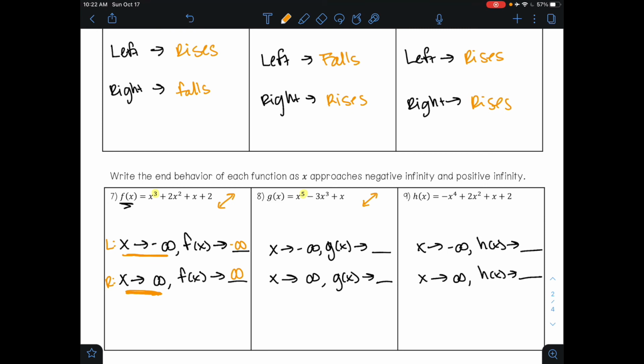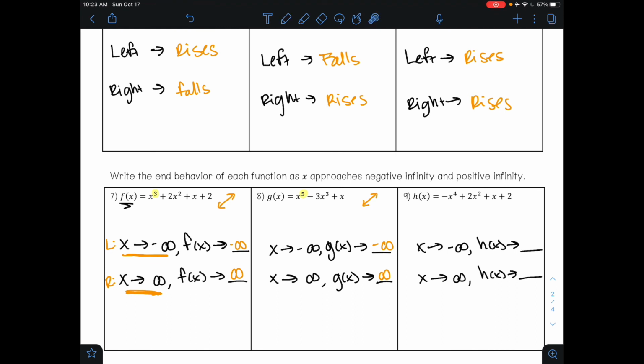So as x approaches negative infinity, that's telling me to look at the left side of my graph. The left side of my graph is pointing down, so that's going to negative infinity. And as x approaches positive infinity, I want to look at the right side of my graph. The right side of my graph is pointing up, so that's going to positive infinity.